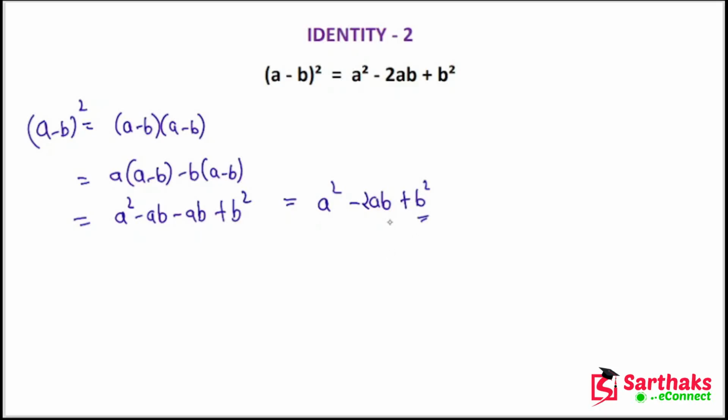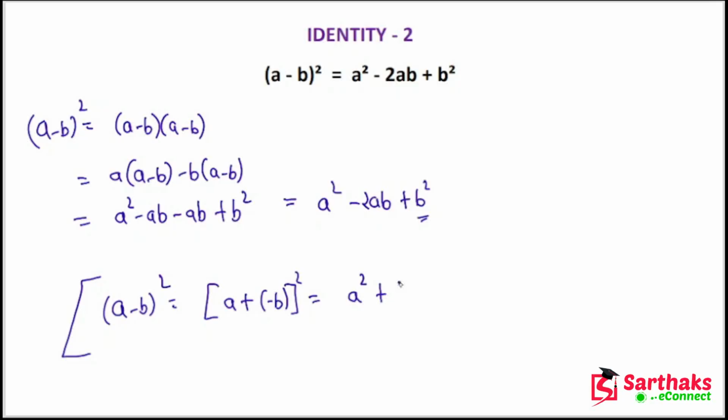It is just the additive inverse. We are just adding the additive inverse of b. Okay, in this also you can learn this identity like this: (a minus b) whole square is nothing but (a plus of minus b) whole square. So you can open it with the positive square formula also: a square plus 2 into a into minus b plus (minus b) whole square.